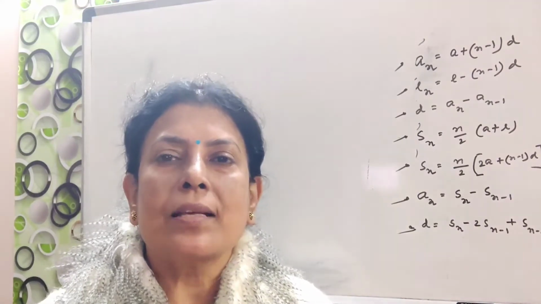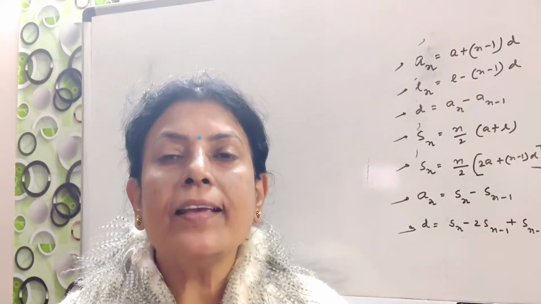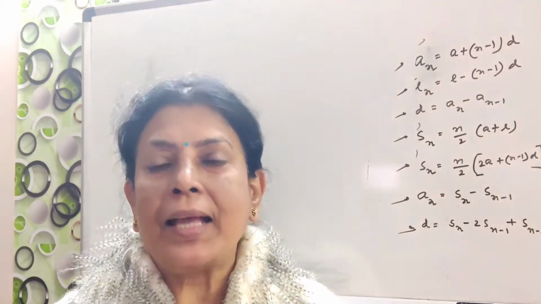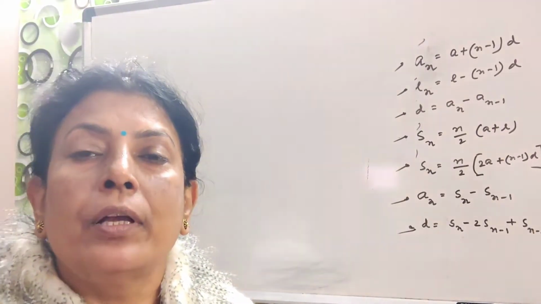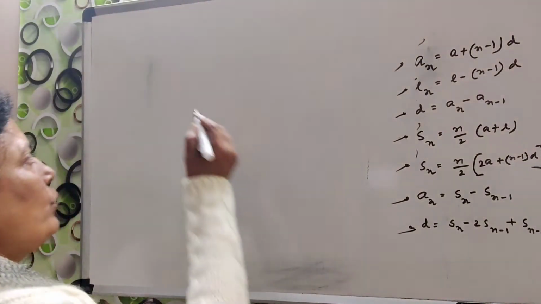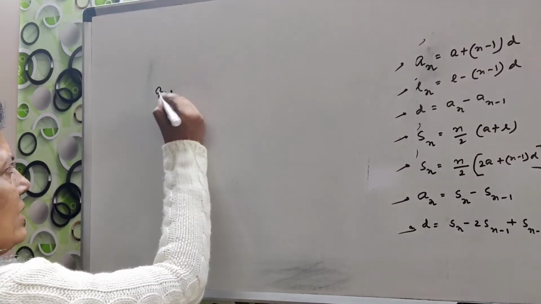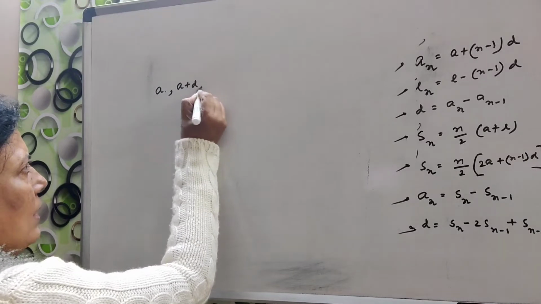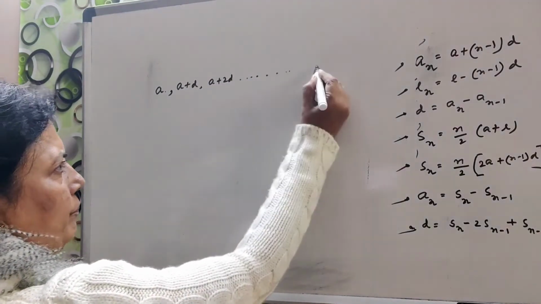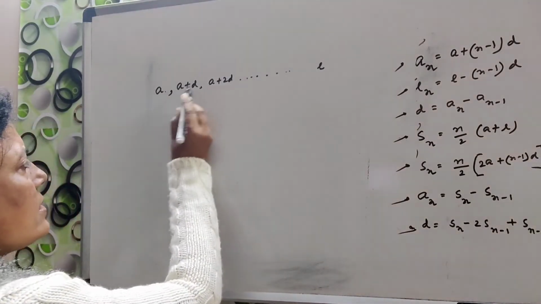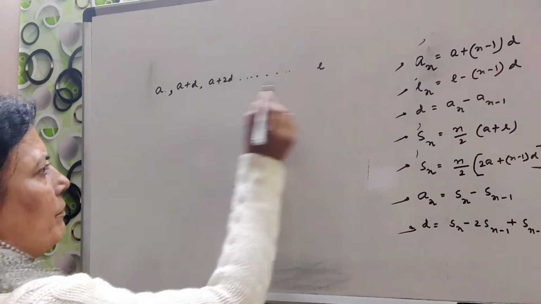Now we will focus on arithmetic progression. For arithmetic progression, we generally use the first term as A and the common difference as D. So from the definition of common difference, we can write the first term is A or A1, the second term is A plus D, the third term A plus 2D, and up to the last term, L. Since D is increasing forward, D will decrease backward.